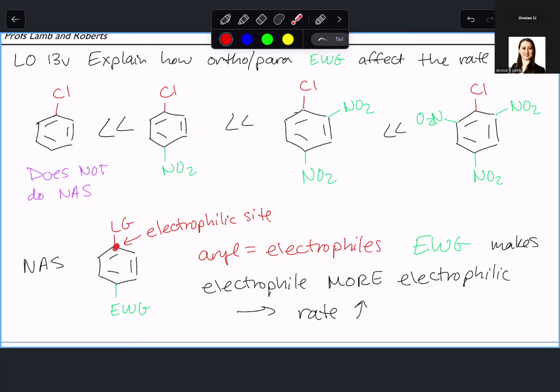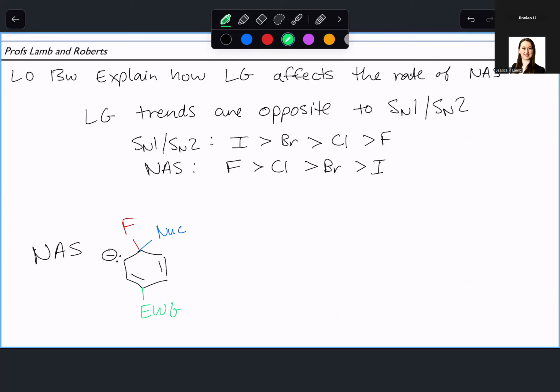So again, I'll just draw this particular resonance structure with fluorine, whatever our nucleophile is, whatever our electron withdrawing group is. Okay, so remember, fluorine is the most electronegative atom, right? It is very inductively withdrawing. It's pulling electron density towards itself.